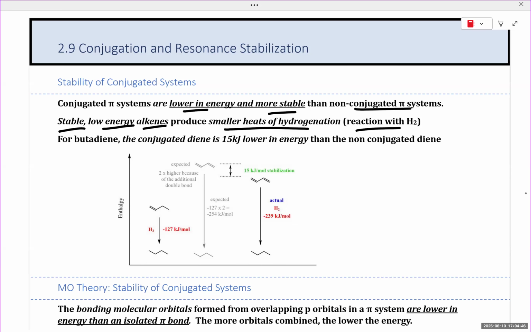For example, for butadiene, the conjugated diene is about 15 kilojoules lower in energy than the non-conjugated diene. We can attribute this difference in energy to the increased stability that the conjugated system has because it can delocalize its pi electrons across the entire set of atoms participating in the pi system.